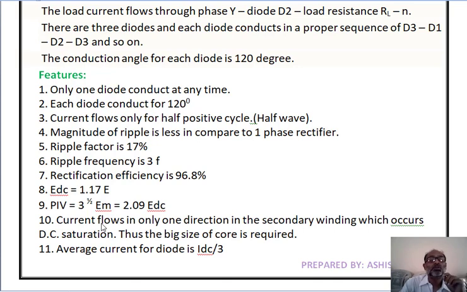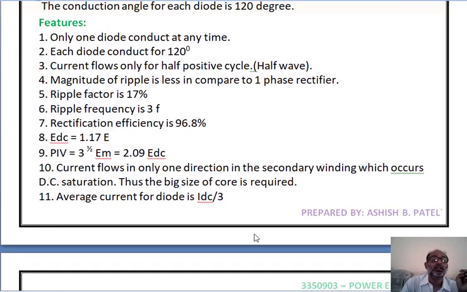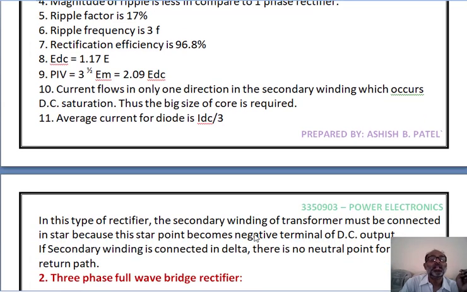Now the current flows only in one direction in the secondary windings of the transformer, which causes DC saturation. So due to this reason, to eliminate this problem, a big size of core is required. The average current of each diode is IDC divided by 3.